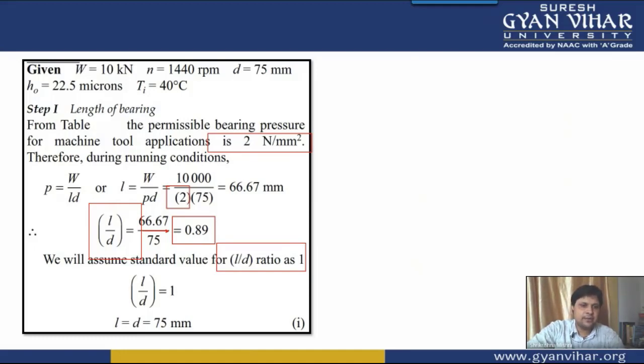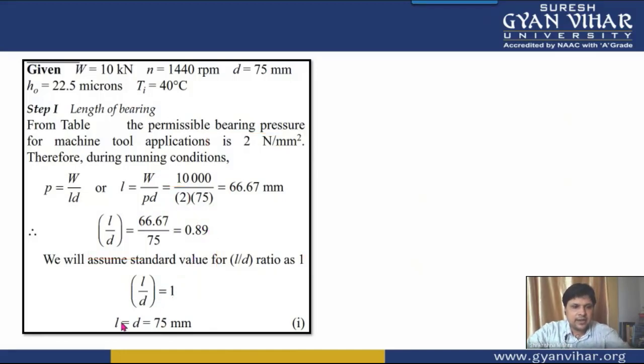Since the calculated L by D was 0.89, after rounding off we get 1. So we take L by D equal to 1. We are now considering the bearing as a square bearing.